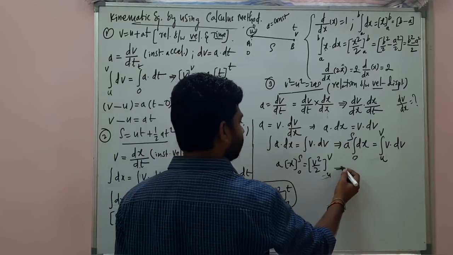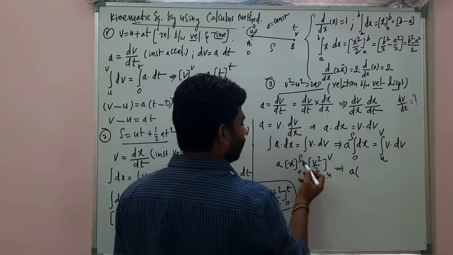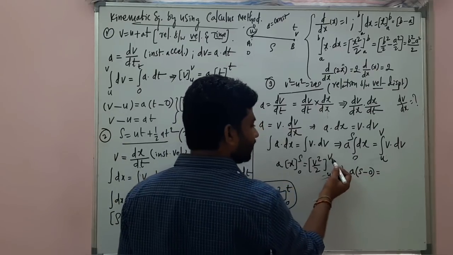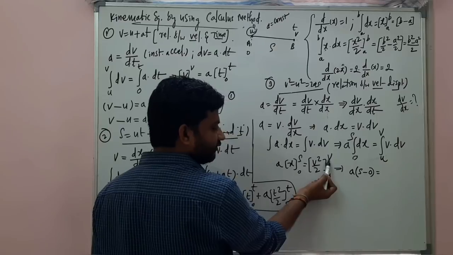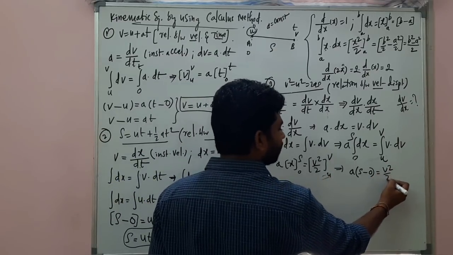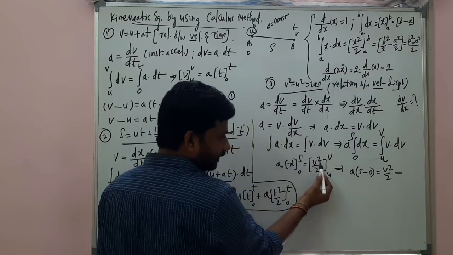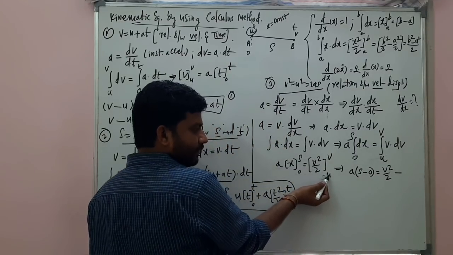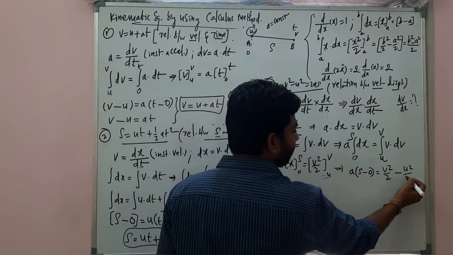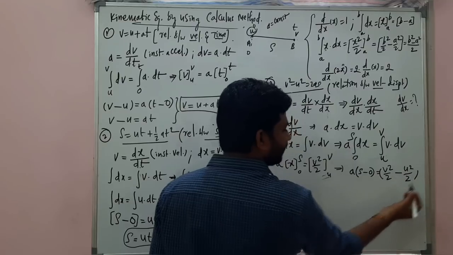Now write a into s minus 0, which is equal to, with v the final velocity, the upper limit substituted: v square by 2 minus the lower limit substituted. The lower limit is u, so u square by 2. So that is the right-hand side.